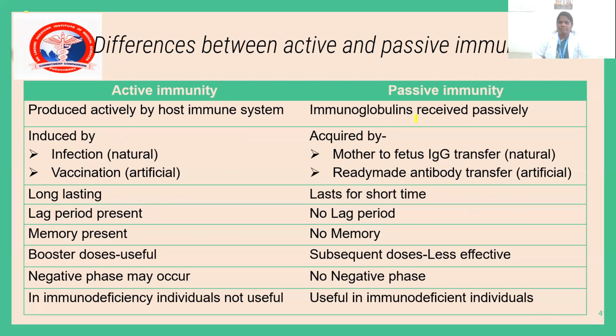Whereas in case of passive immunity, it lasts only a shorter period. Active immunity will take some more time, meanwhile passive immunity will play a role. Because of this, there is no lag phase, since these immunoglobulins do not act on the immune system. So there is no memory, and there is less chance of getting a booster dose.